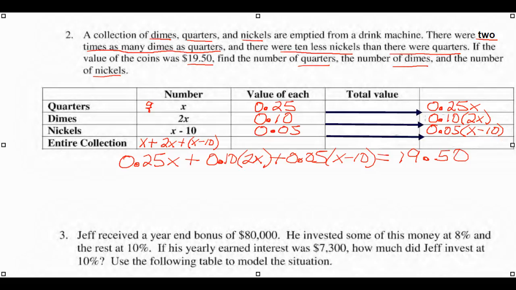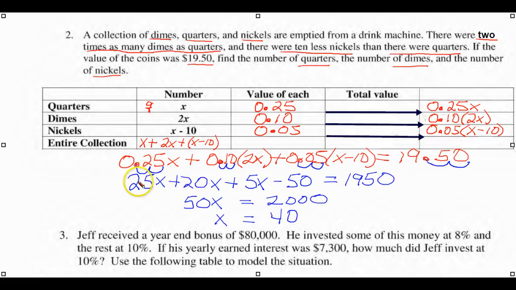Now, from an earlier technique, we would suggest you get rid of your decimals by multiplying each term. This is a term, this is a term, this is a term, this is a term, by 100, moving our decimal places over. And now we don't have to worry about decimal places anymore. All right, we multiply through. To save time, we distributed.